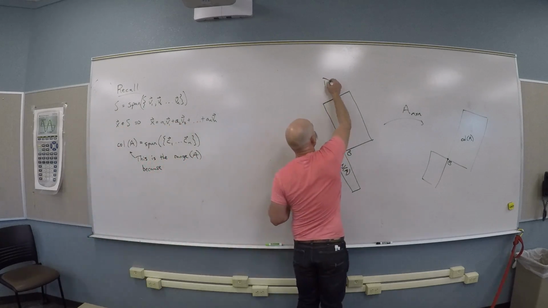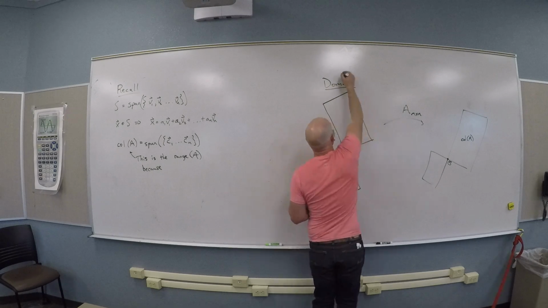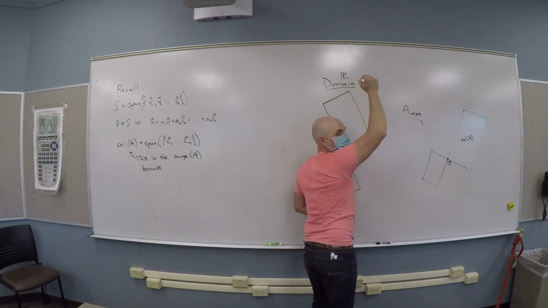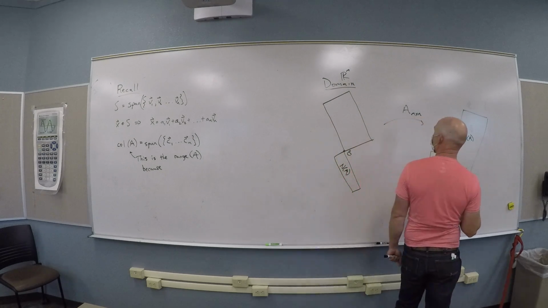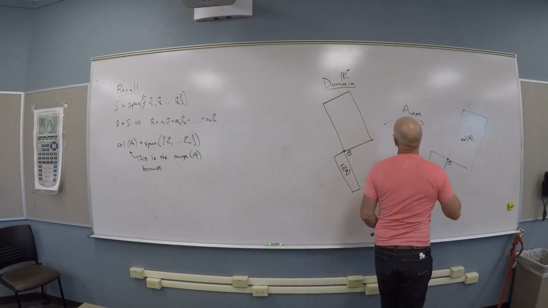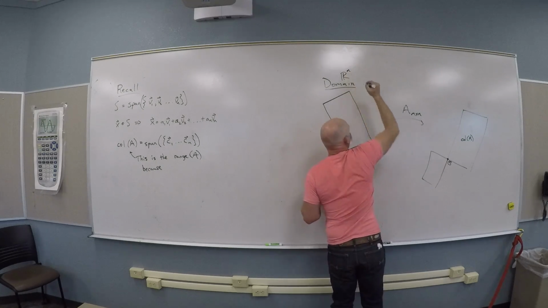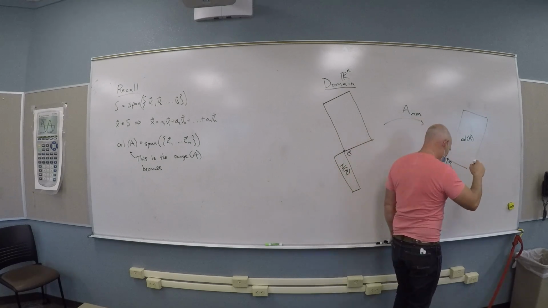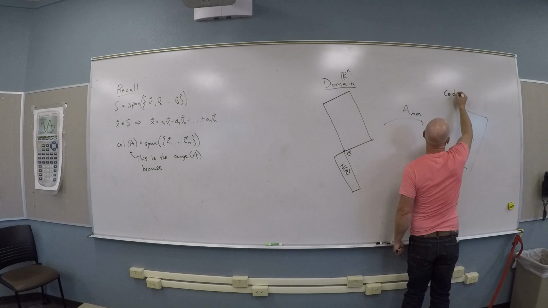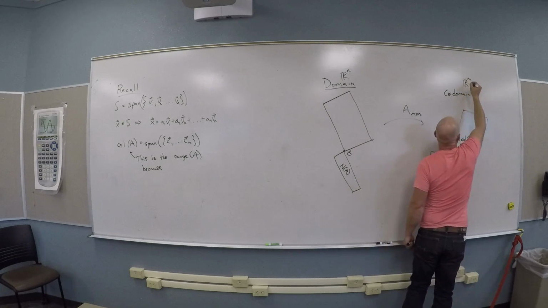So over here I've got the domain, and in this case that's R^n. Over here, I've got the codomain, which is R^m.